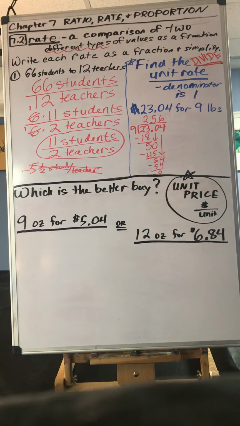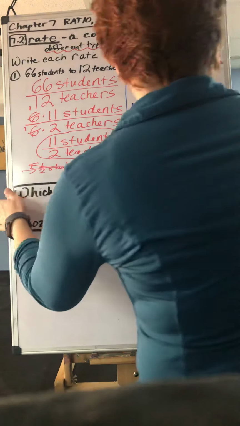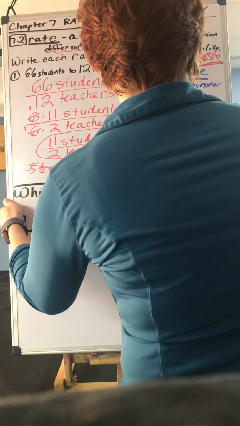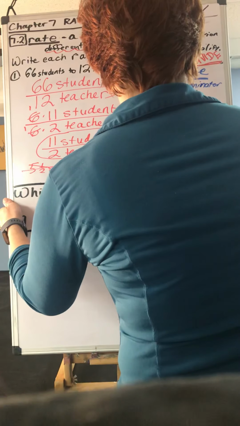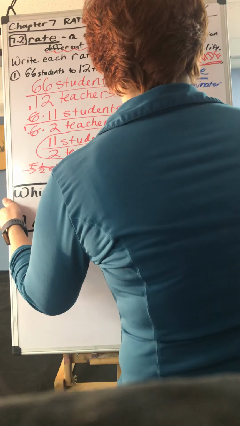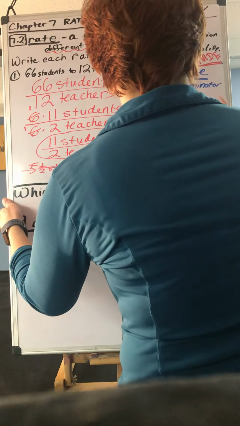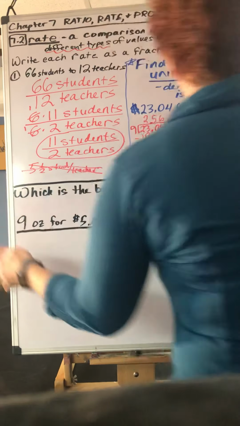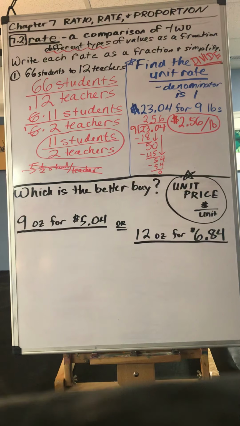Now, we need to write the answer properly. That means you need the units. It is $2.56 per pound. That is one way to write that answer.